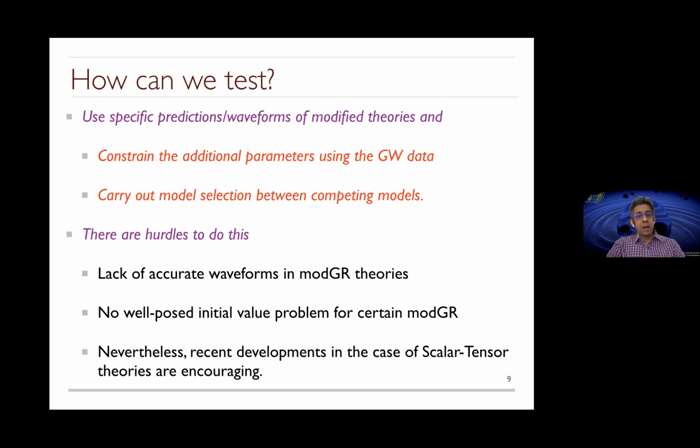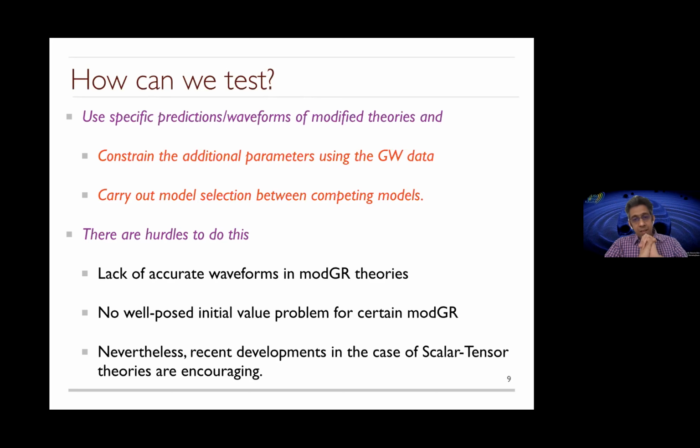You could use data to constrain them and ask how well we can constrain them, or whether there is a deviation. Or more generally, you can do a model selection between GR and this competing model and ask what the data support. Does the data support GR more than the modified theory, and so on? That is all possible if you have reliable, accurate waveforms from modified theories of gravity.